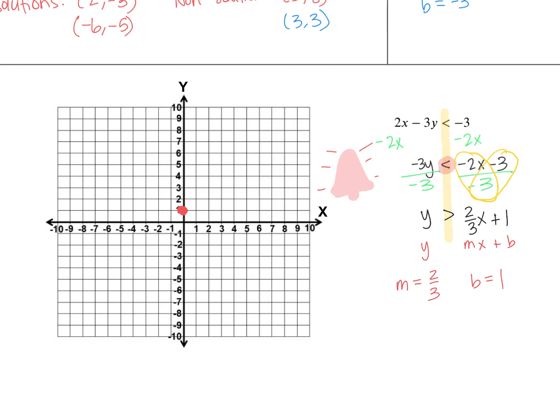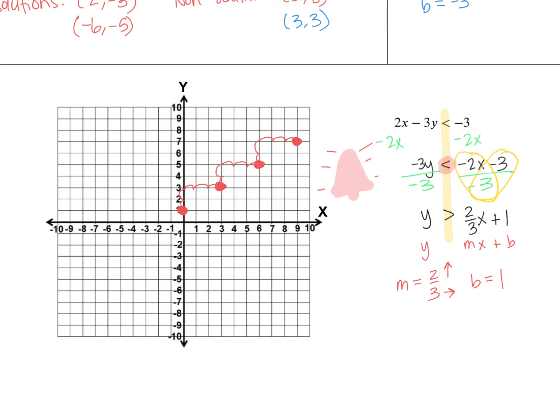And then my slope, it's positive. It's telling me to go up 2, to the right 3. So I'm going to go up 2, to the right 3 and plot a point. Up 2, to the right 3, plot a point. Up 2, to the right 3, plot a point.